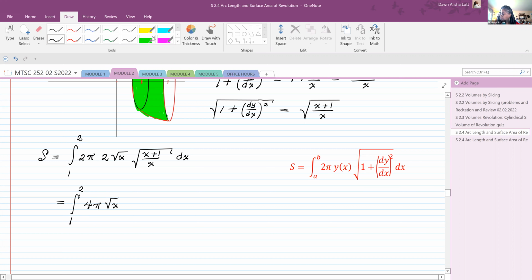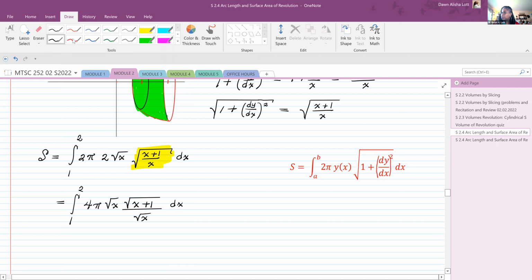And this term right here, we can use properties of square roots. And this just becomes the square root of x plus 1 over the square root of x, just using algebra, dx.